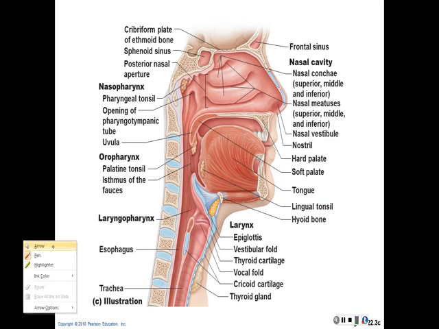So I bring my pointer back on screen. We have a nostril here, also known as external nares. Once we get inside here, we're in the vestibule. Here, here, and here. These three shelves are known as meatus or concha. Concha if they're just bone, meatus if we have soft tissue over them.